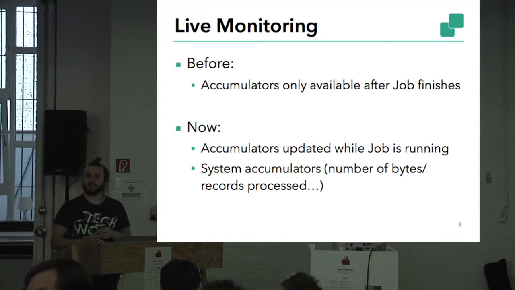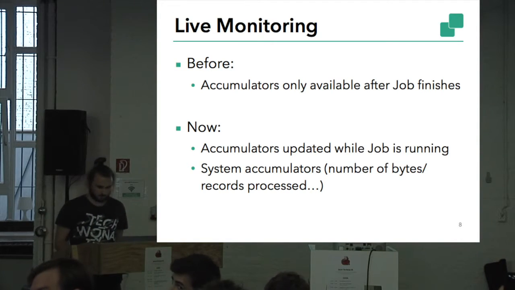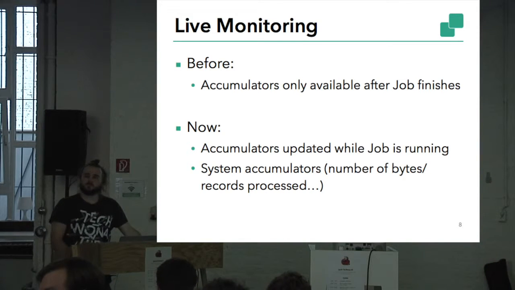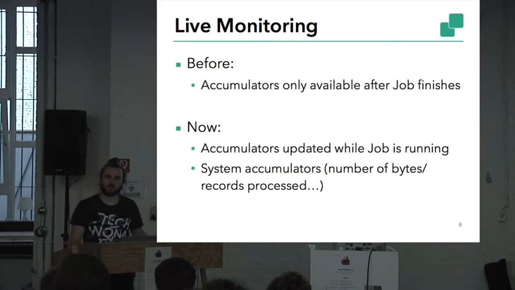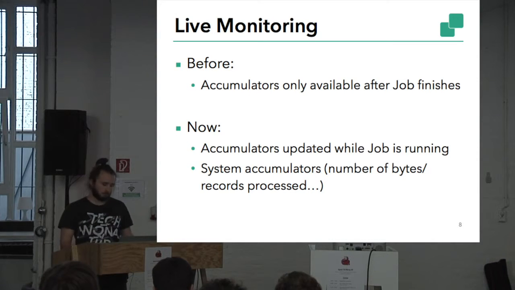At the moment, the accumulators are exposed in the job manager web interface, and the interval at which they are reported is not yet configurable. It's just updated usually with the heartbeat signal of the task manager, which is 5 seconds by default. But once we integrate it with the web interface, we will also make it configurable, which is not hard to do.